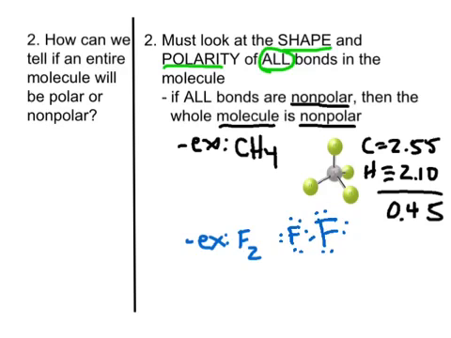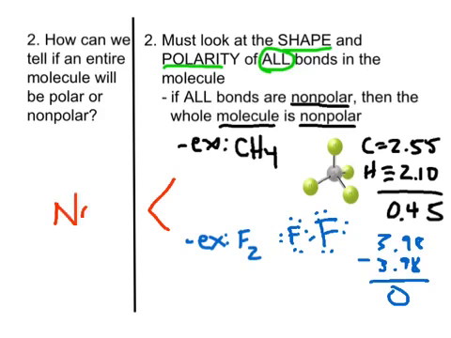Because 3.98 for one fluorine minus 3.98 for the other fluorine is a big fat 0. So fluorine is going to share its electrons very fairly between the two atoms, and so therefore it's going to be nonpolar. So both of these, because the difference in electronegativities of all of the bonds is nonpolar, are what we call nonpolar molecules.